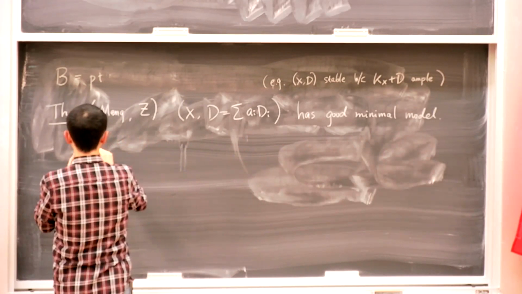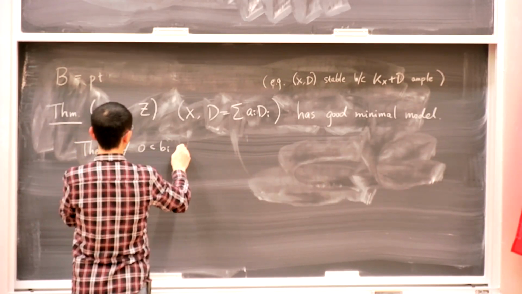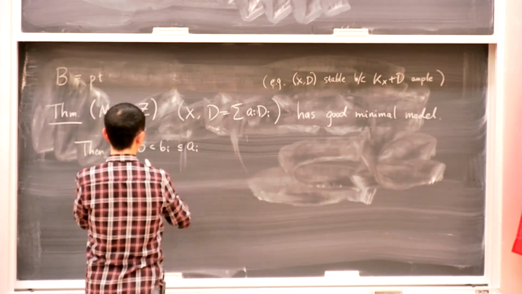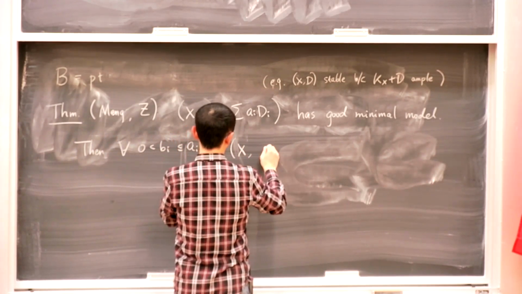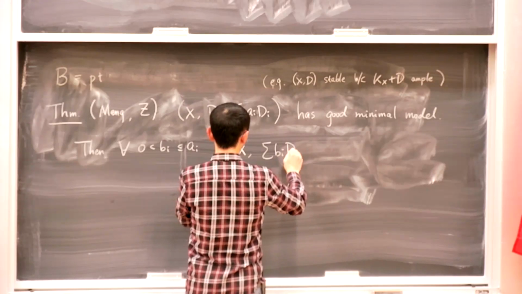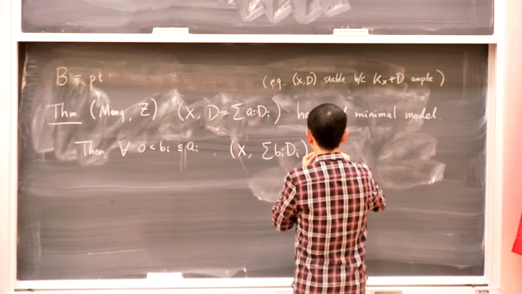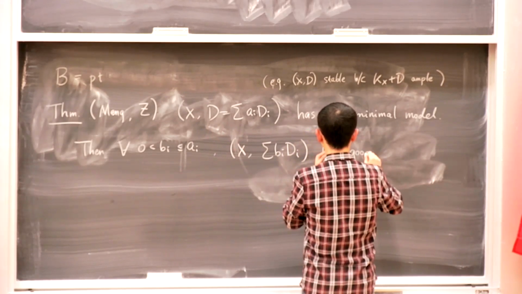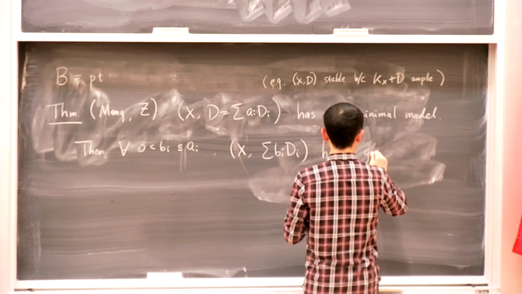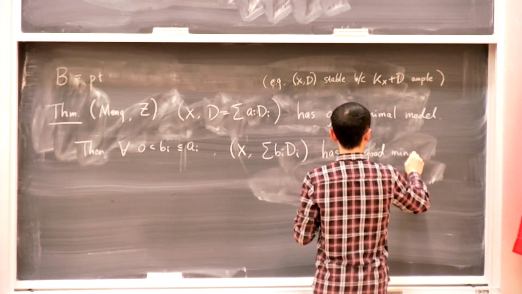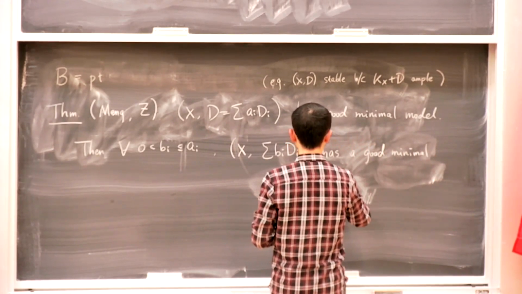Then the conclusion is that for any coefficient between a_i and 0, but not 0, the new pair that we obtain by dropping the coefficient from A to B also has a good minimal model, or otherwise it would have a Mori fiber space.